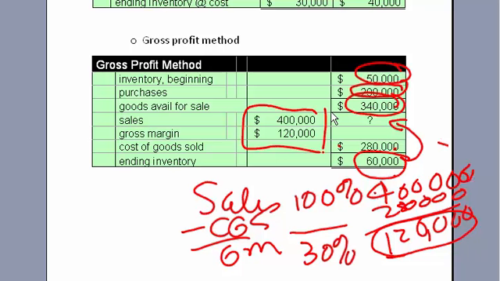So if we go back up here and know goods available for sale is 340, and we would subtract our ending inventory to get our cost of goods sold, then the 340,000 minus the ending inventory, which is our unknown, is 280,000. We now have one equation, one unknown. We can back into the $60,000 figure.